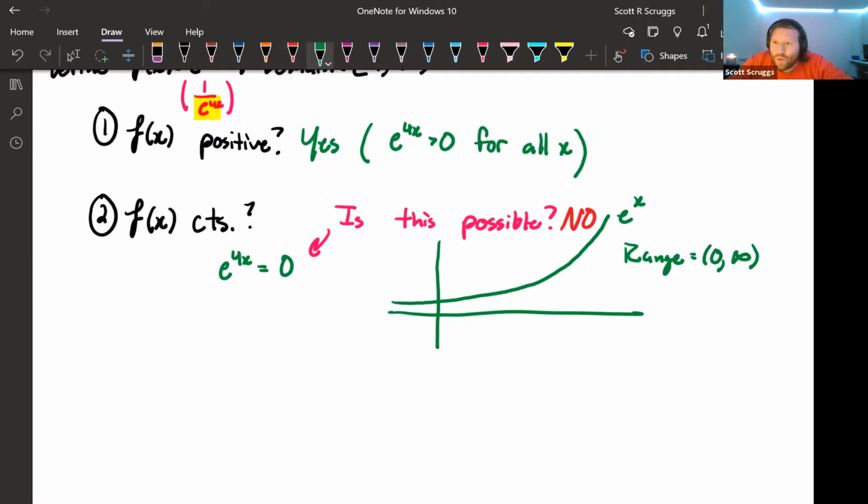To further convince why that can't happen, let's say I was going to try to solve it. Solve for x. Well, first I have to get rid of the exponential, which means I'll have to take the natural log of both sides.